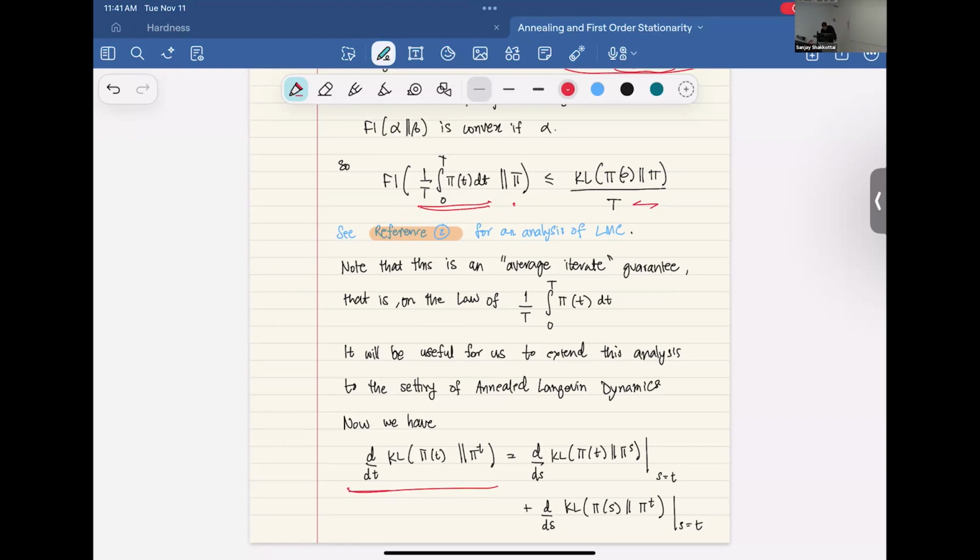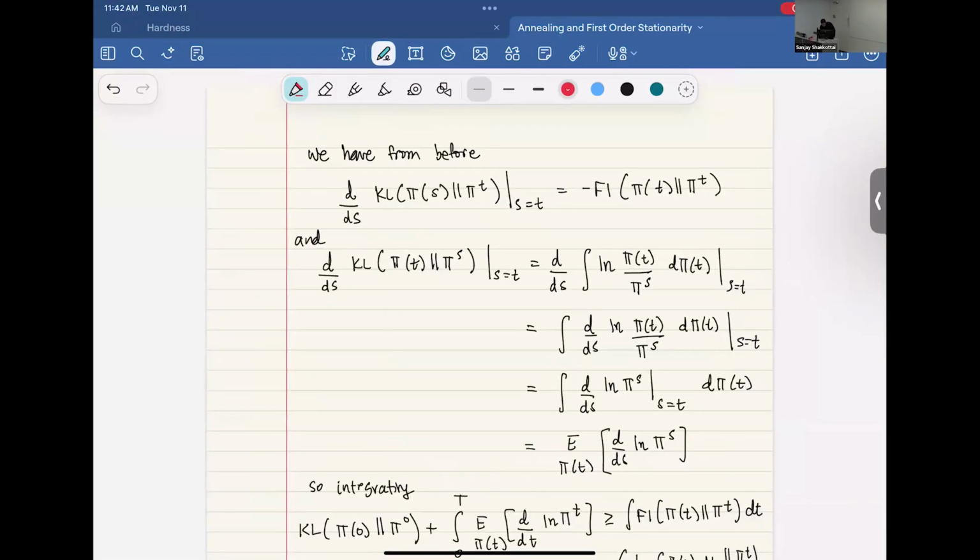So this derivative is now the sum of two derivatives, where here I take the derivative with respect to that time variable, and here I take it with respect to this one, right? There are two t's, and I'm just adding the derivatives with respect to both of them. The first one is the same as before.